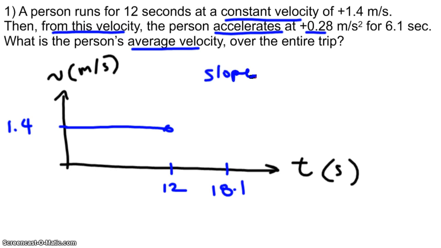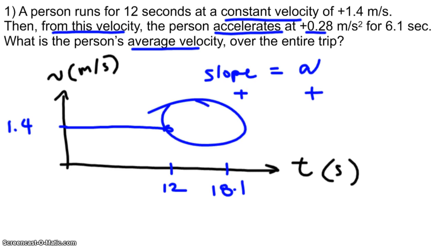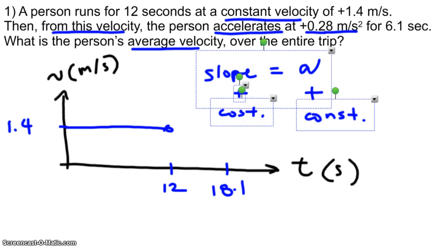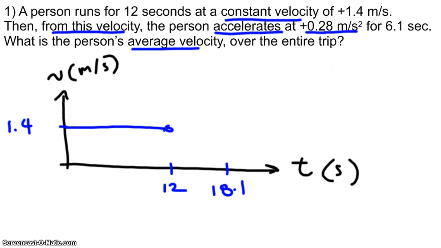The slope of a VT graph is acceleration. Her acceleration is positive, so the slope will have to be positive during this next portion. And her acceleration is constant. It remains at 0.28. So the slope is constant. A positive constant slope looks like that.